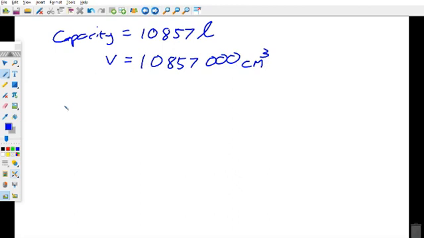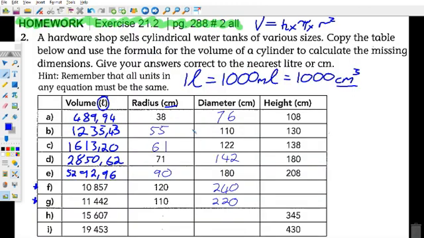To find the volume of a cylindrical prism, or a cylinder, it's the base area multiplied by my height. Now, we are looking for my height over here.